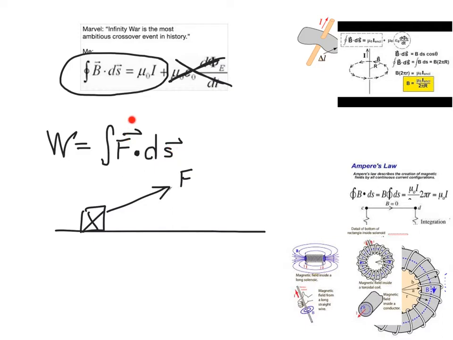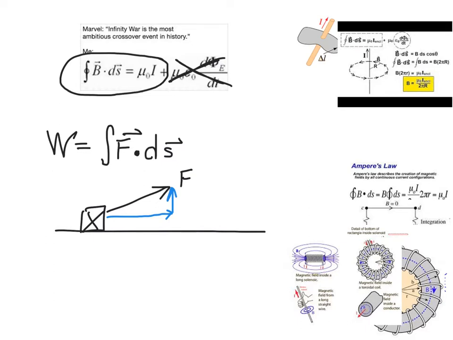But supposing the force is varying, or supposing the path is curved. So if we apply a force to a crate to pull it across the floor, how much work did we do? Well, the only part of the force doing the work is the horizontal component. The vertical component is perpendicular to the displacement and does no work.